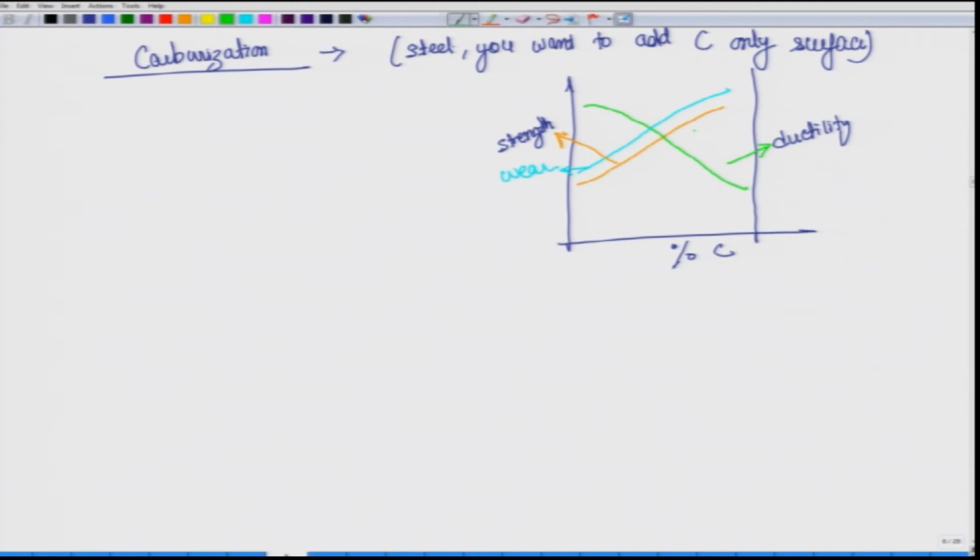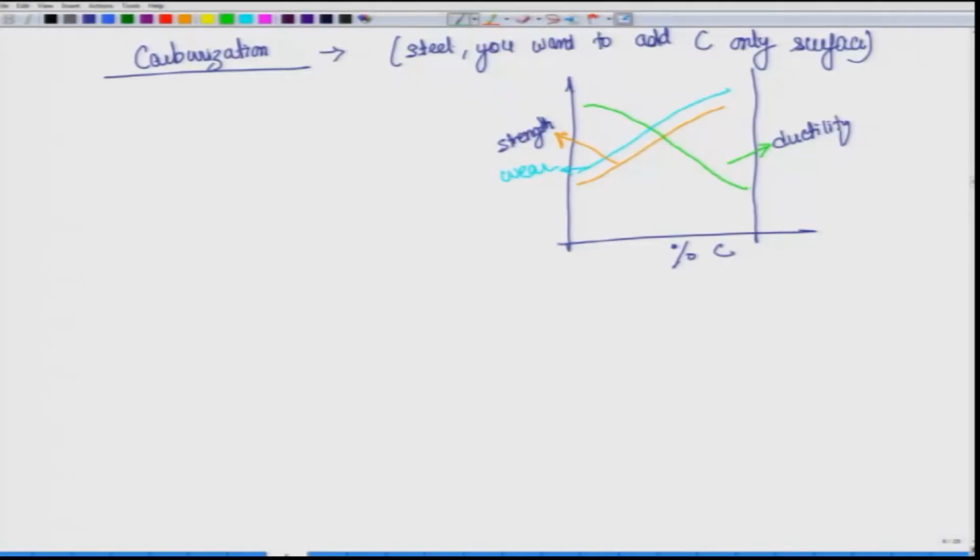What does that do? That means that it is slowly eroding each other, and therefore, you need high strength and high wear resistance on the surface. From this plot you can see that if the carbon percentage was very high, then wear resistance would be high, strength would be high, but at the same time you do not want the gears to fail from the interior. So, what you can do is have carbon concentration high only at the surface and not in the interior, and therefore, this process of carburization comes into the picture. So, this is a gear, and what you want is that carbon is high only near the edges.